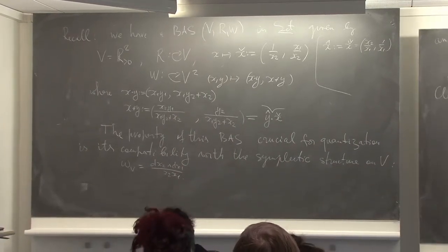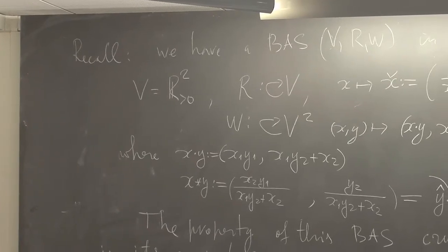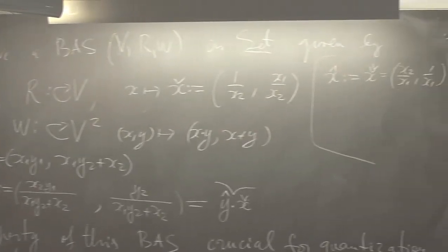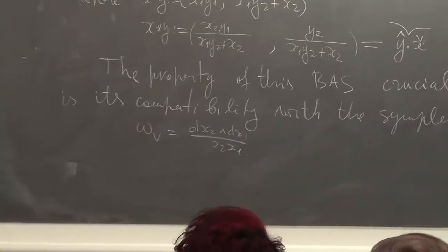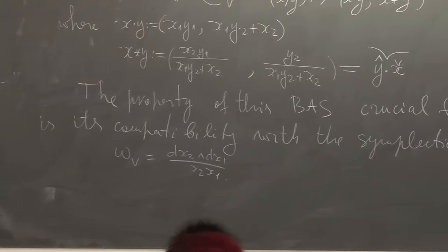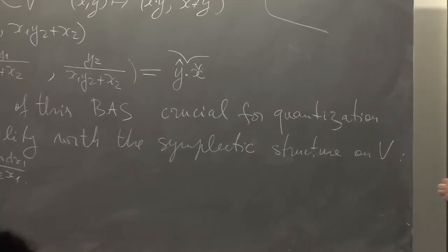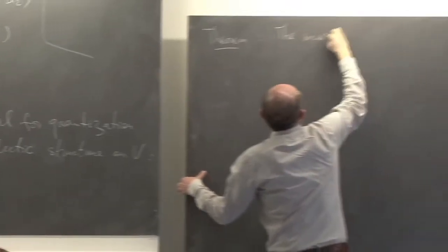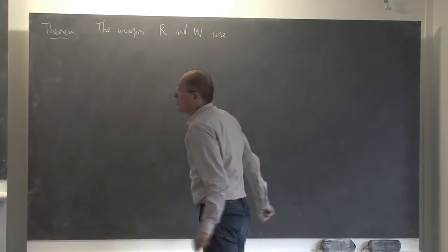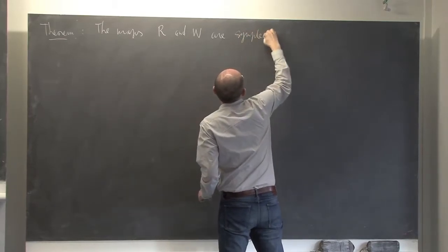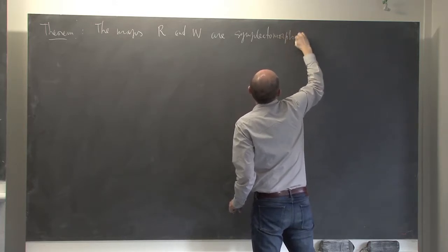So this will be a theorem: the maps R and W are symplectomorphisms.